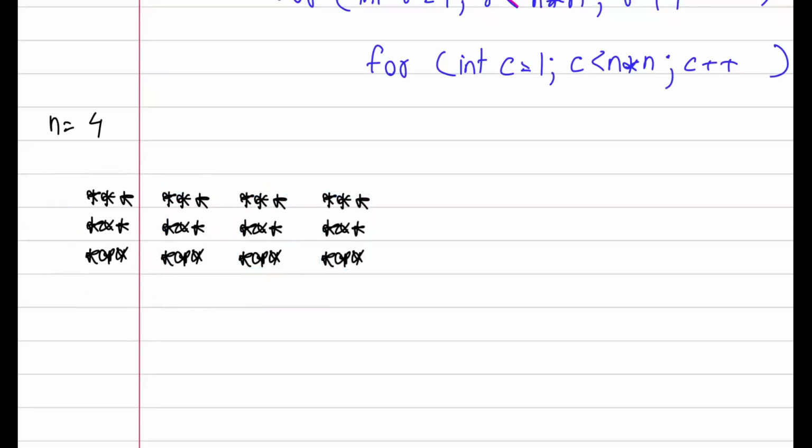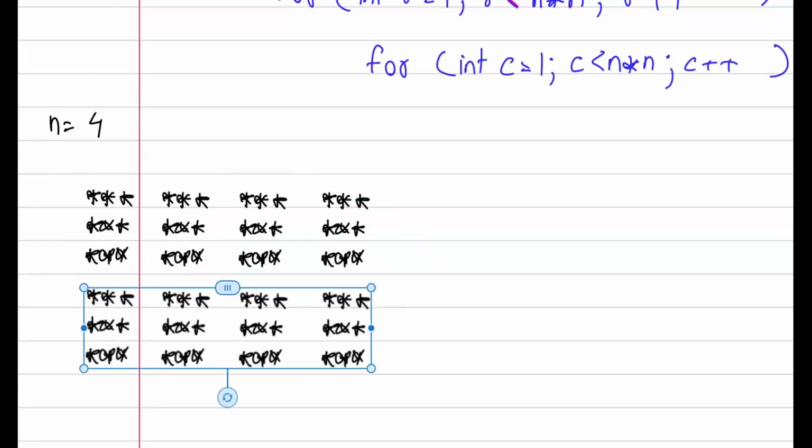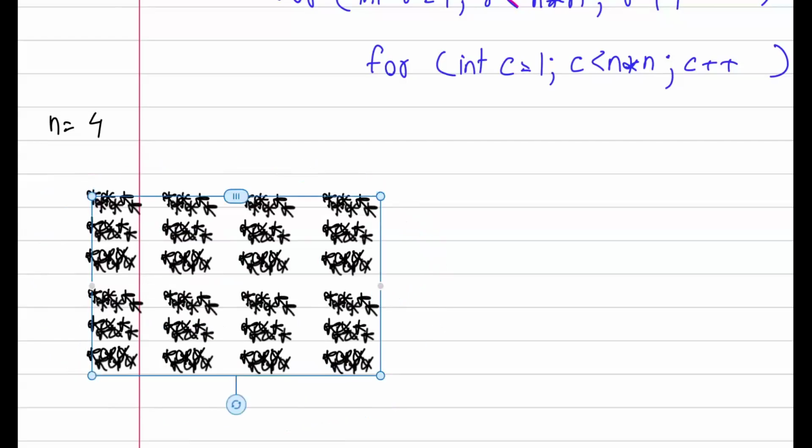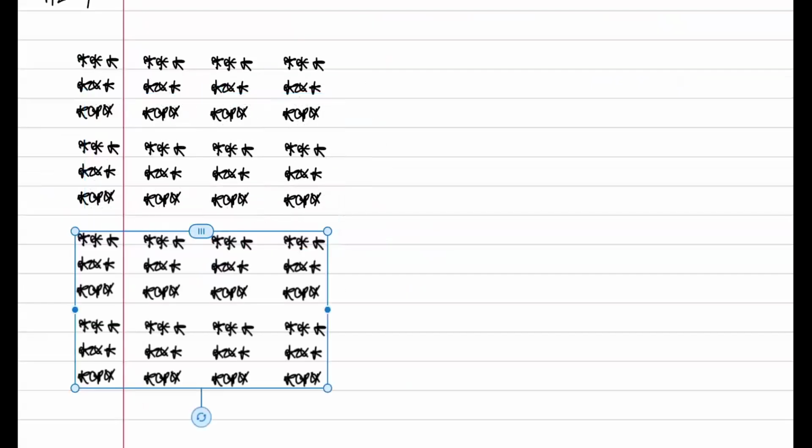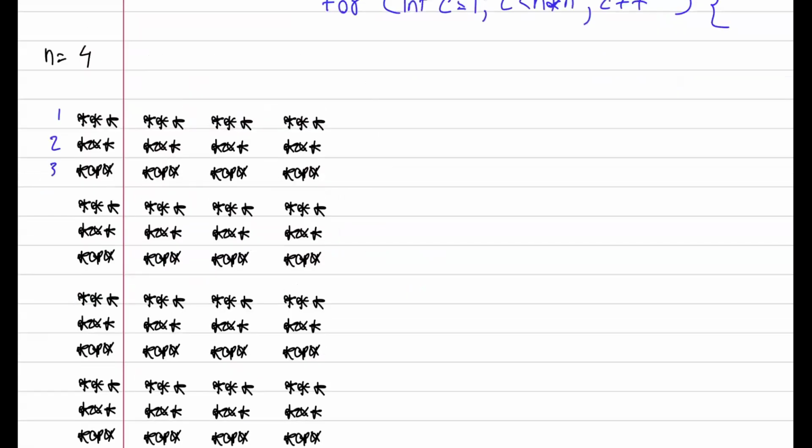So we have 3 by 3 small squares and then a 4 by 4 big square, and each small square is separated by a space. When you write the index, 1, 2, 3, 4, 5, 6, 7, 8, and so on. 1, 2, 3 are not divisible by 4, so you print a star. 4 is divisible by 4, so you print the space.